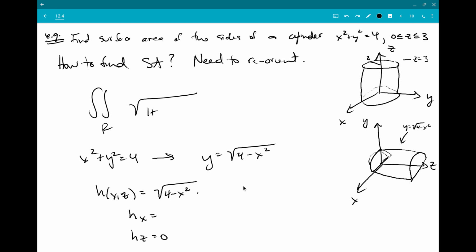So my derivative of 4 minus x squared to the 1/2 is 1/2 times 4 minus x squared to the minus 1/2, times minus 2x. So that's minus x over root 4 minus x squared. That's my h sub x.